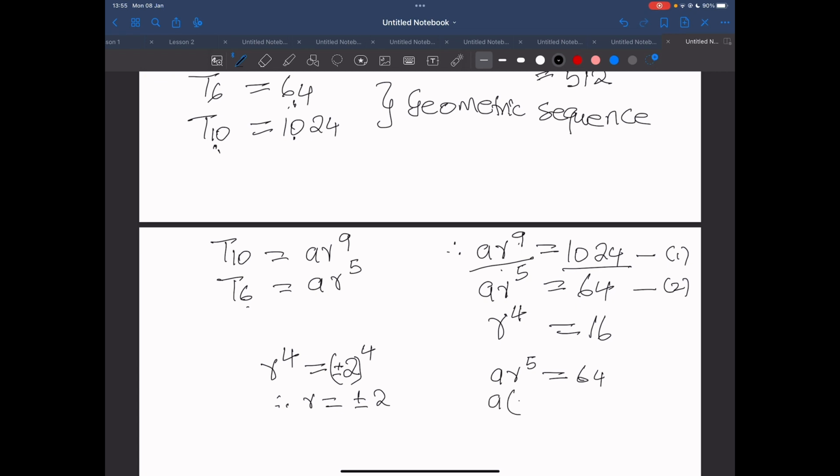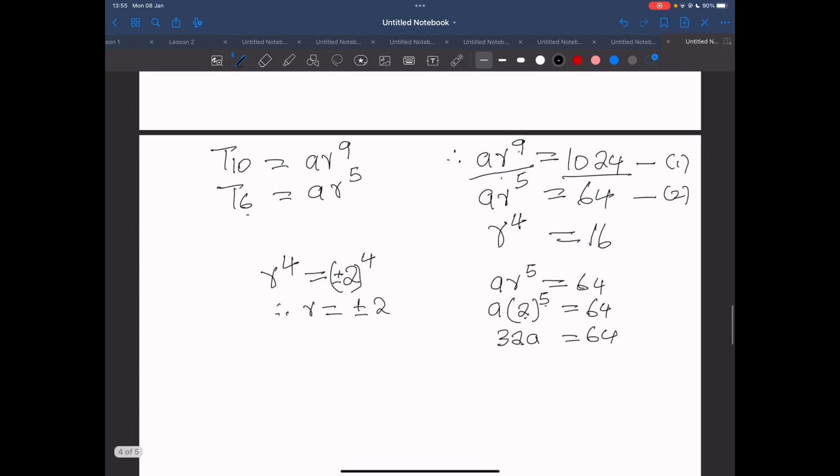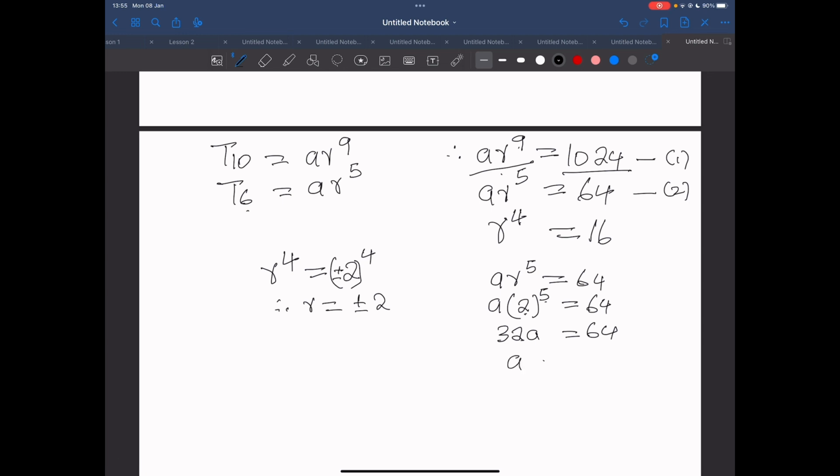So if we put a 2 here, and then we have that as 64. So 2 to the power 5 is 32, so we will have 32a is 64. Now dividing both sides by 32, the value of a will be 64 divided by 32, which is 2. So if r is 2, a will be 2.